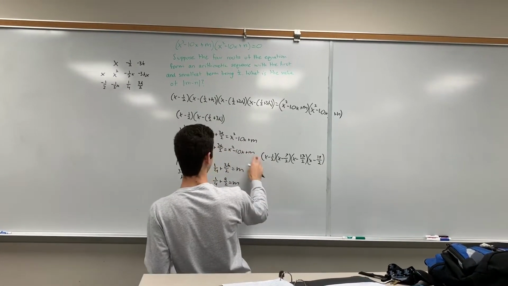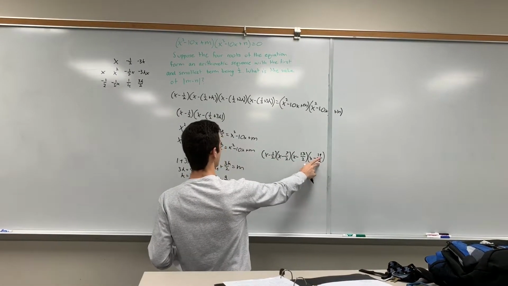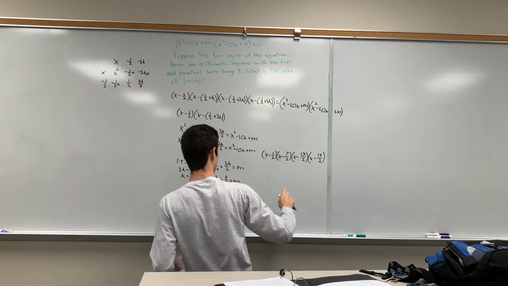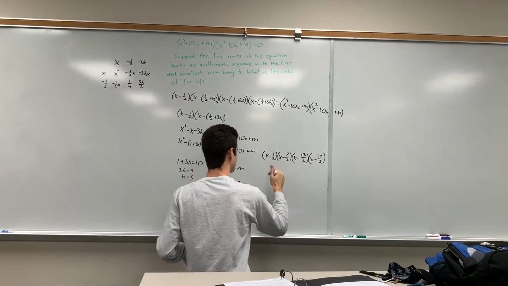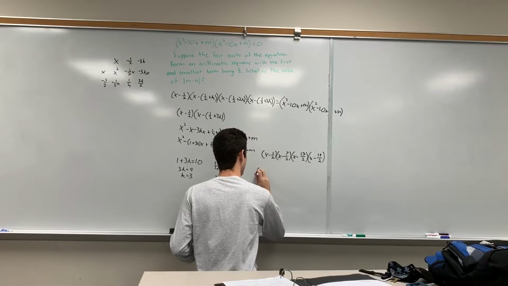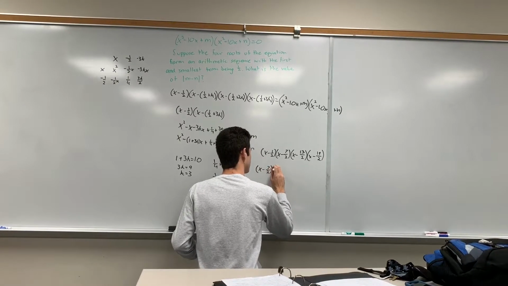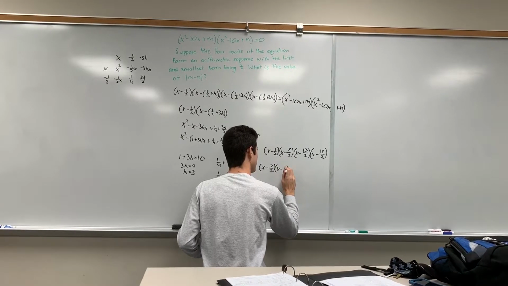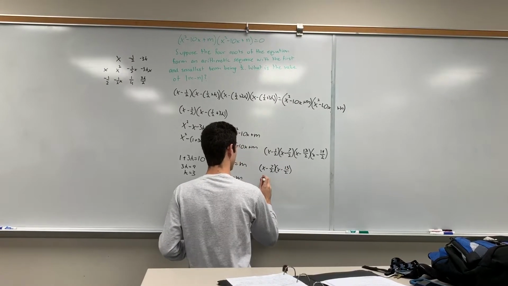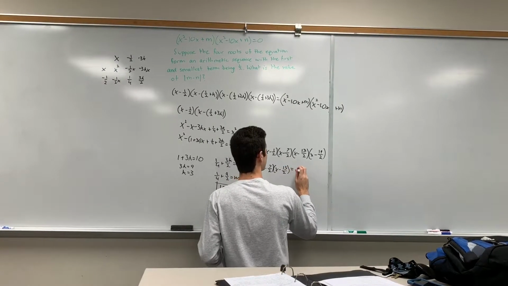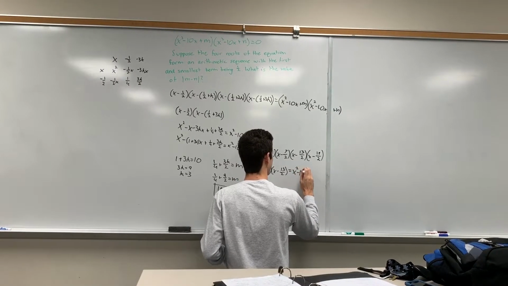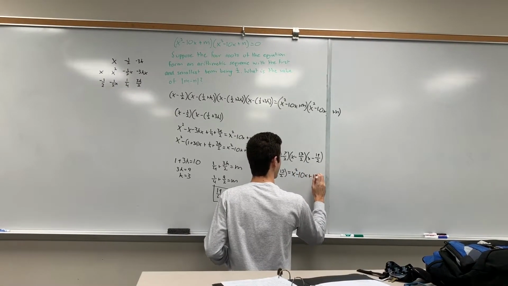So we said that the first and the fourth term multiply to get this term. So these two middle terms, x minus 7 over 2 times x minus 13 over 2, are going to equal x squared minus 10x plus n.